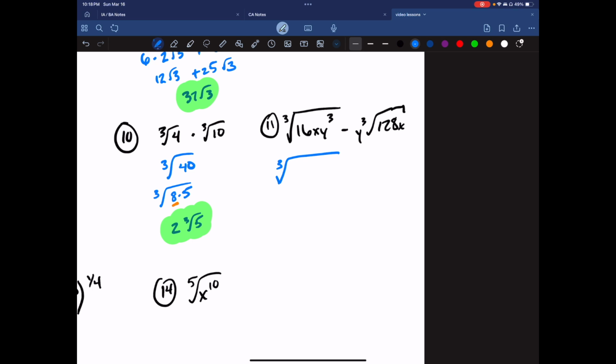I know that this is 8 times 2 times x times y cubed, and I know that I have a cubed here and here. So this is going to be 2y cube root 2x. All right. This one already has y up front. So minus y.